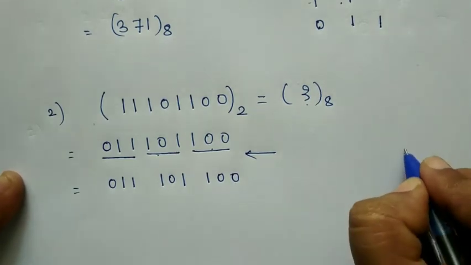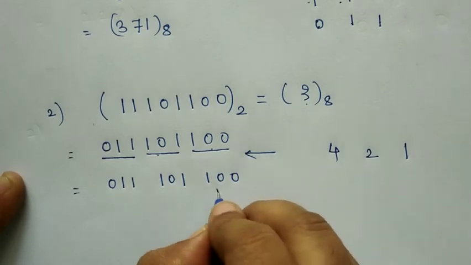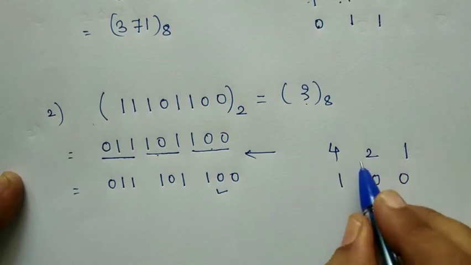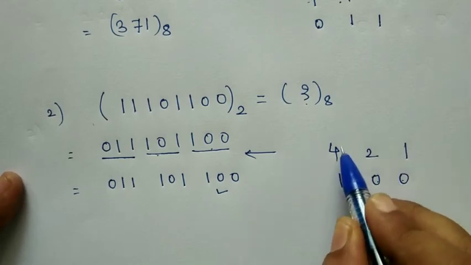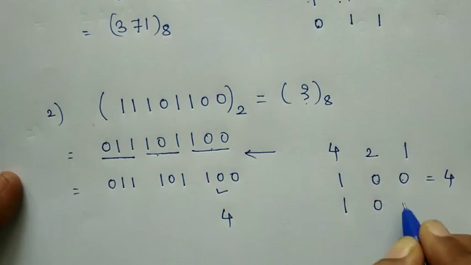Again write out our formula 1, 2, 4. Taking the first group 1, 0, 0: the 2 and 1 positions are 0, so I will not add them. Only 4, so the equivalent number is 4. I write 4 here. After that I consider the group 1, 0, 1.